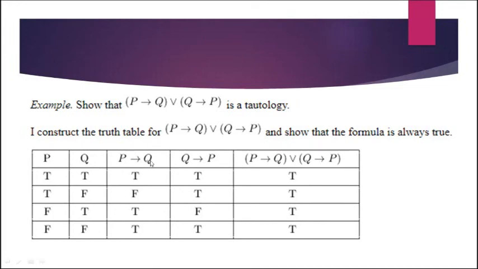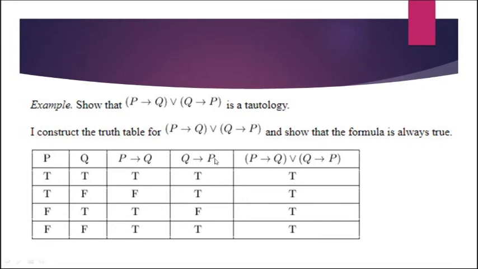It is false only if the first statement is true and the second statement is false. So we have true, false, true, true. Here the first statement is true, the second is false, so we have false.